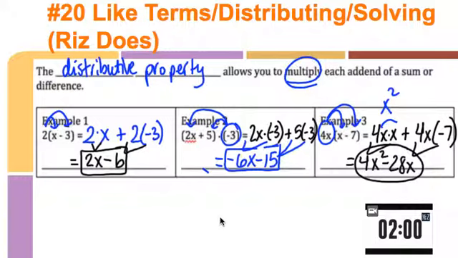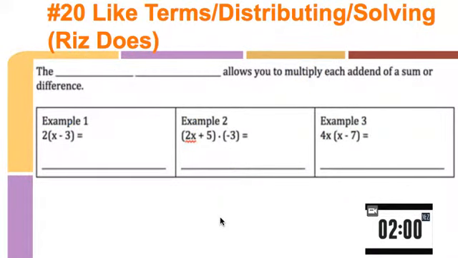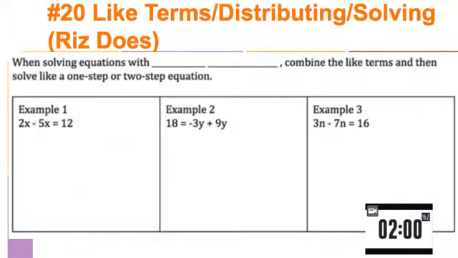Now these next few examples are going to be using the combining of like terms, and using the distributive property to actually solve equations. Okay, so when solving equations with like terms, you want to first combine the like terms and then just solve it like a one-step or a two-step equation. So I look at example 1.